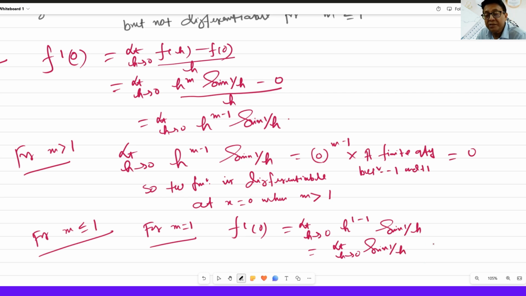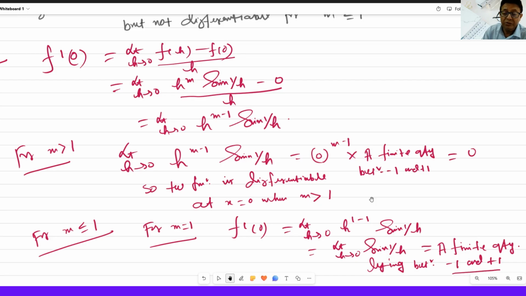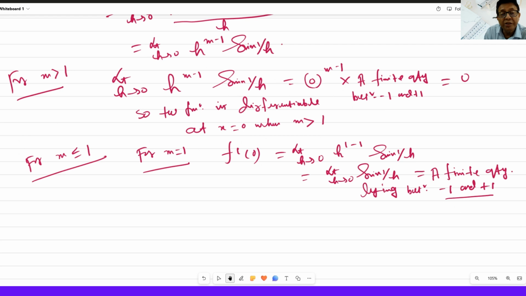This limit doesn't exist because this will give you a finite quantity which is oscillating between -1 and +1. A finite quantity lying between -1 and +1. So this is oscillatory. This implies that the limit doesn't exist. So it will not be differentiable.